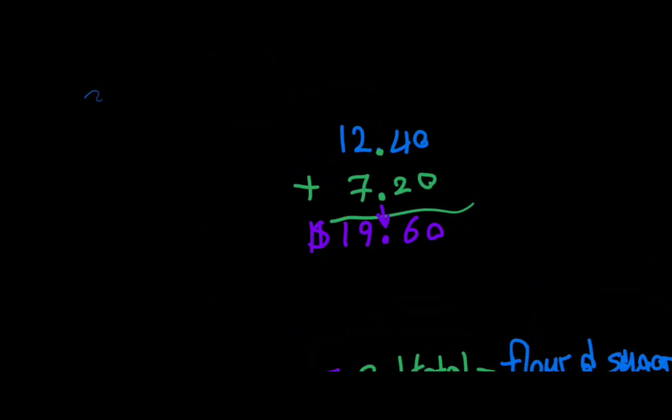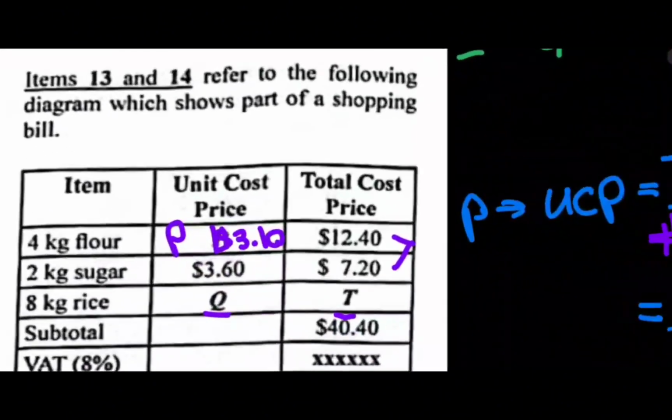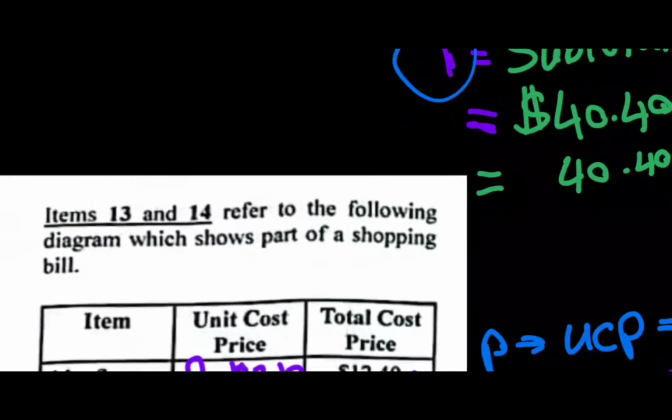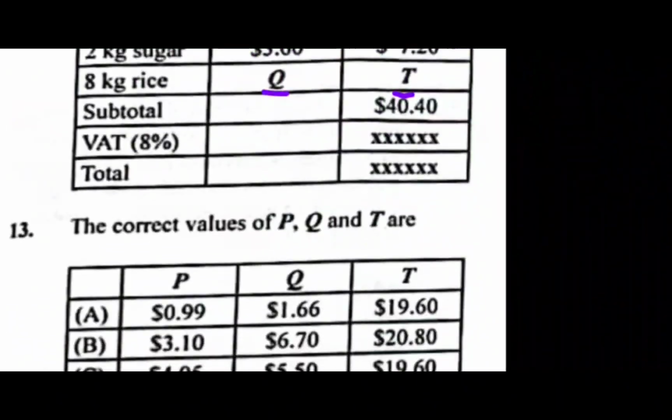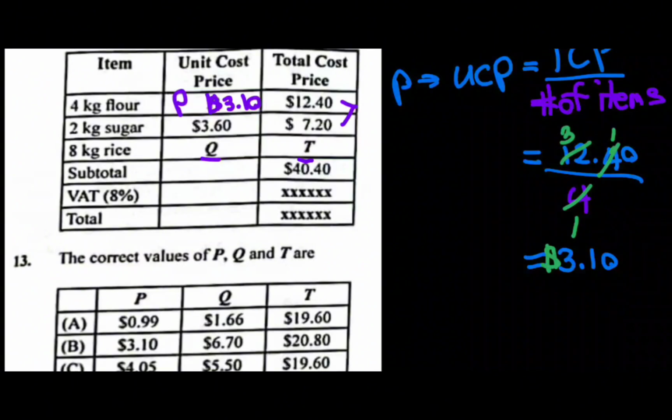We need to subtract that amount from the subtotal. And that's all to find T, right? So at this point we have some values down here, and we can see what T could possibly be.